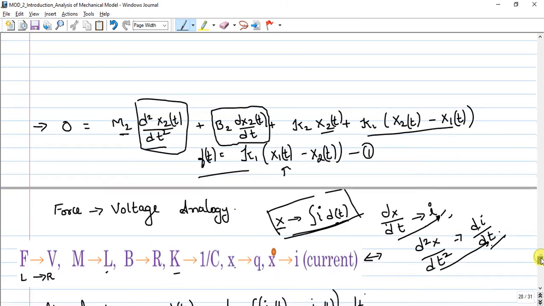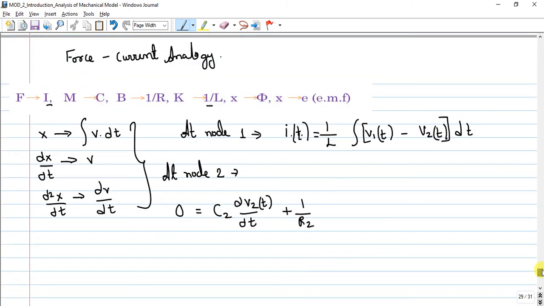B2 I will represent as 1 by R2, and the differentiation I will represent as V2.